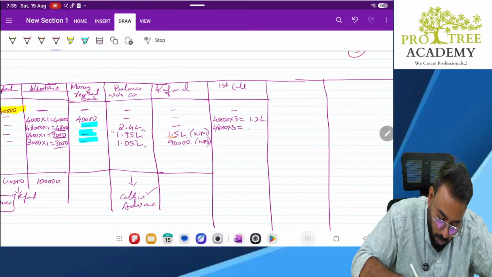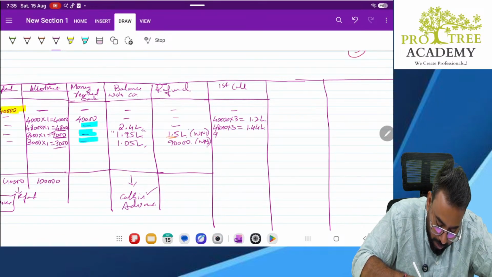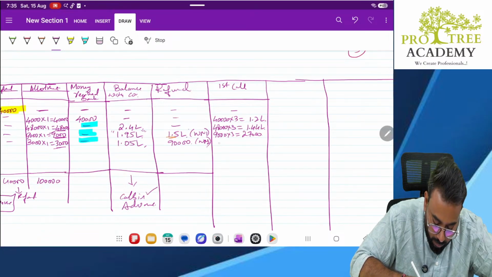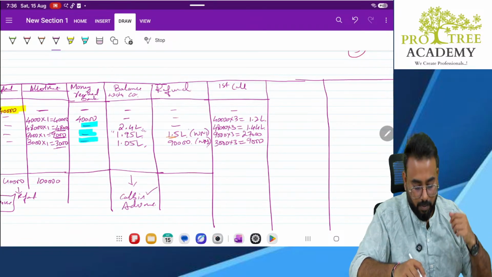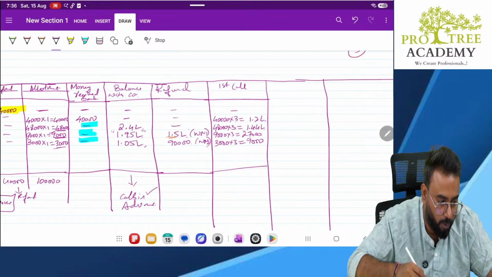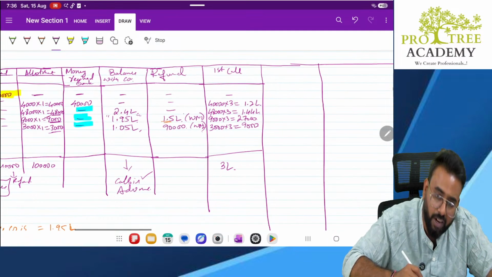That will be 1.44 lakh. Here, 9,000 shares into 3. That is 27,000. Here, 3,000 shares into 3 rupees. That is 9,000. Okay. This is the first call amount which is due. Comes to 3 lakh. Sir, how did you arrive at 3 lakhs?